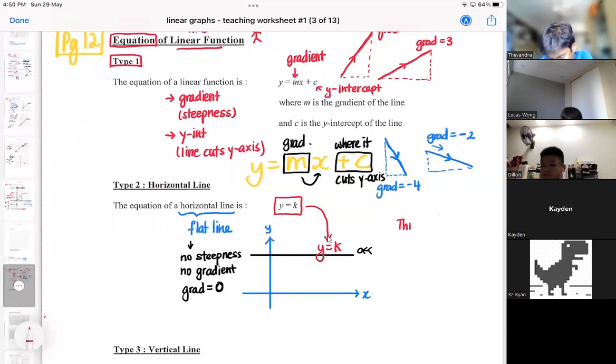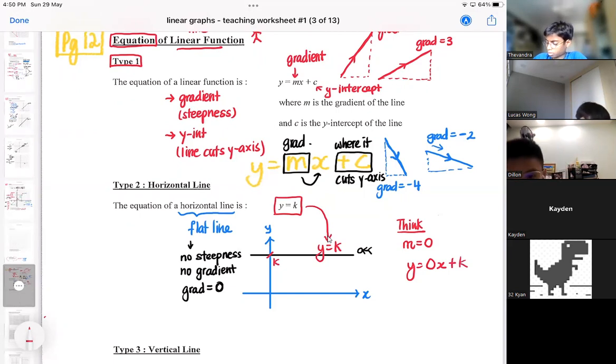So the gradient is 0, the gradient is attached to x, and you are cutting the axis at k. It is still a magnet that you attach to x, but 0 times anything is 0.